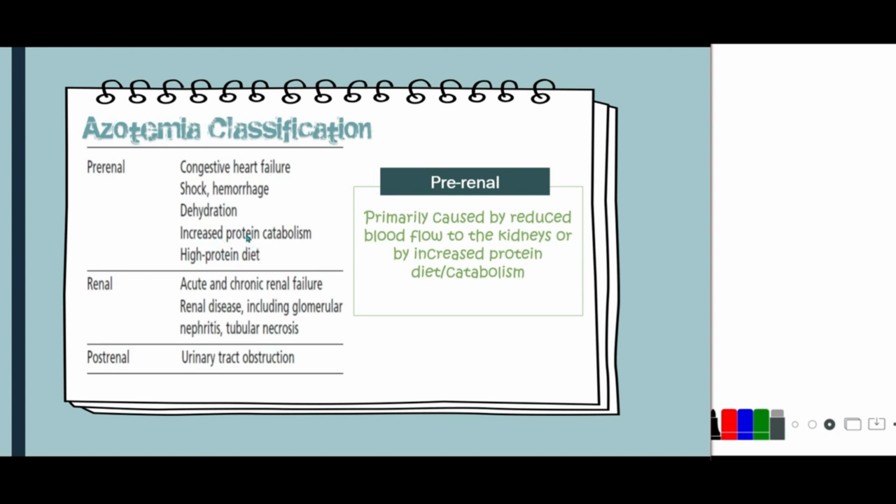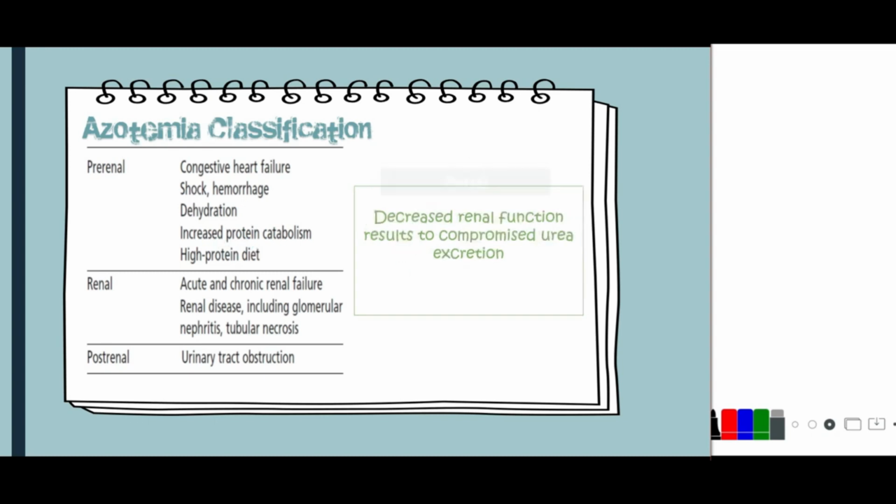Next, what about yung renal azotemia? So, very obvious naman, the problem is with your kidneys. So, there is decreased renal function resulting to a compromised urea excretion. So, if your kidneys are damaged, it will no longer be capable of performing its job of filtering plasma and eliminating waste products such as that of your BUN.